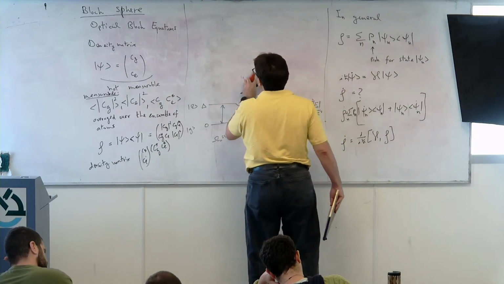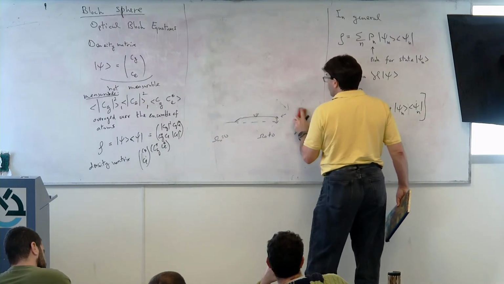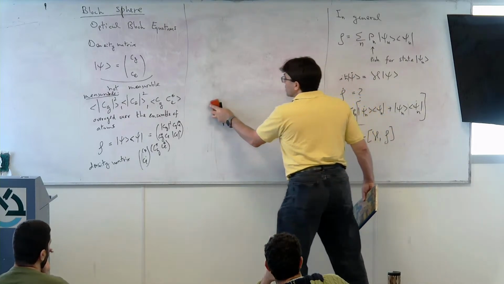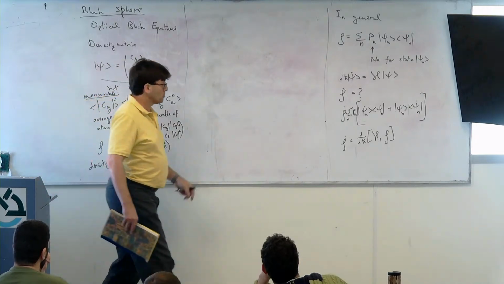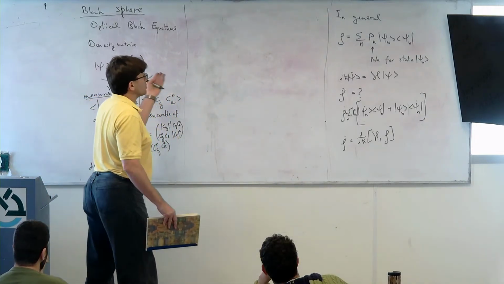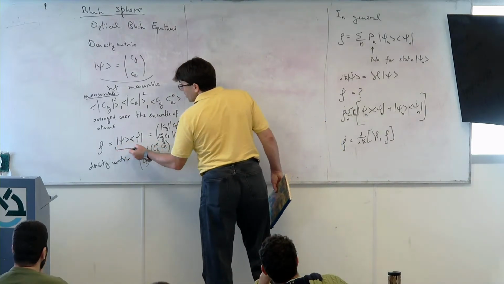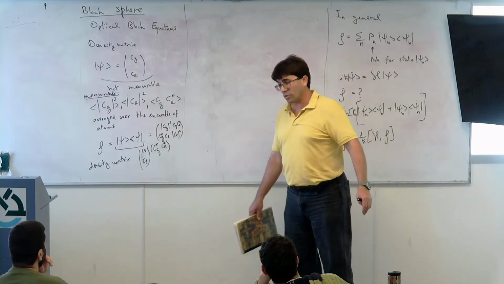Now comes another point. And that is, well, I treat the density matrix as an operator. Now it is. Among operators, this can be considered an operator. This is the operator of projection on the state psi.